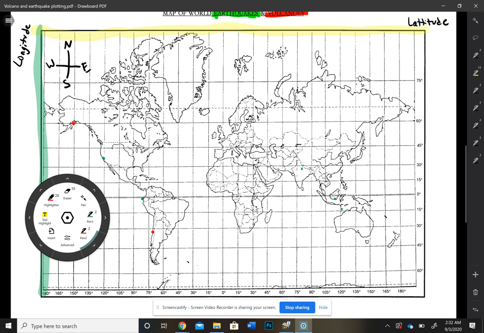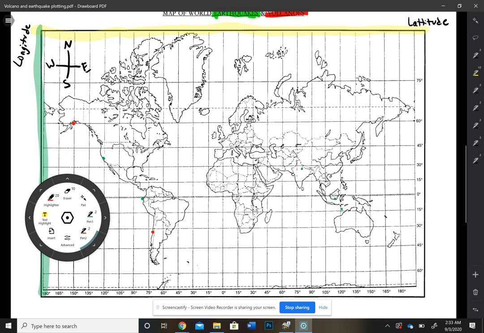That's where we have a volcano, our first volcano. Make sure we did that right. 70 west. Yep, 70. It's getting lower. And 35 getting higher. Yep.